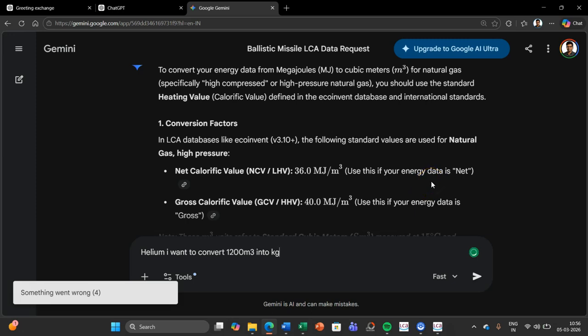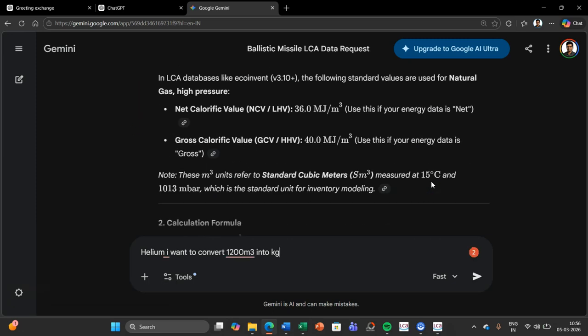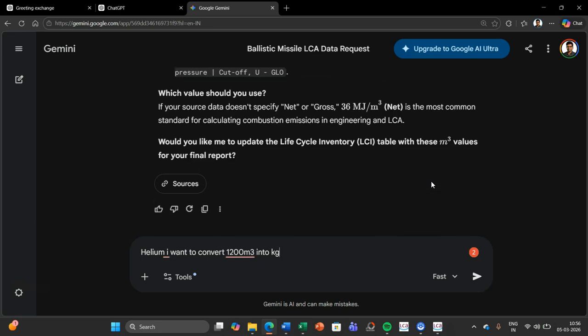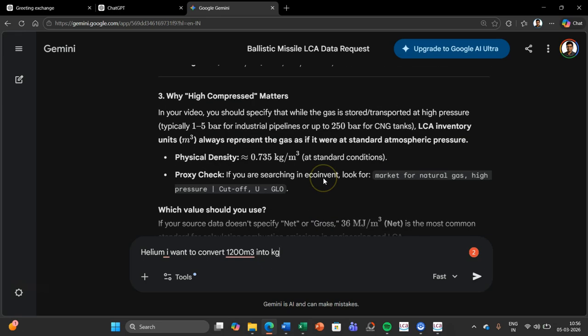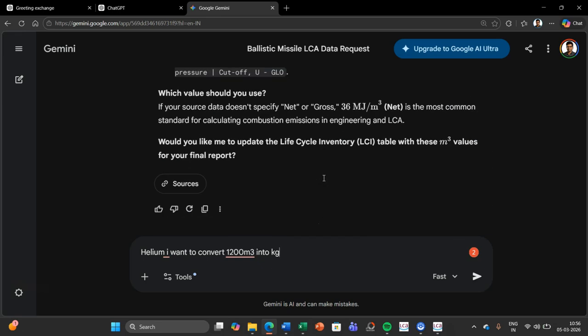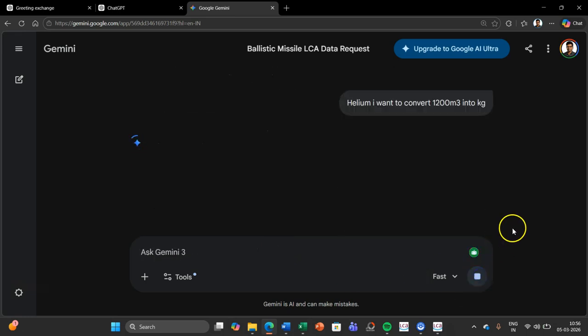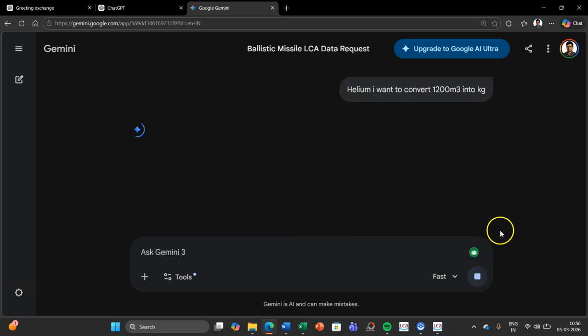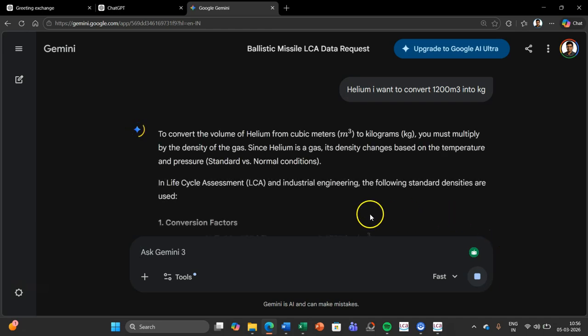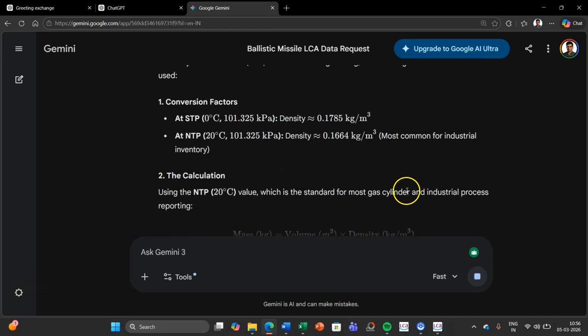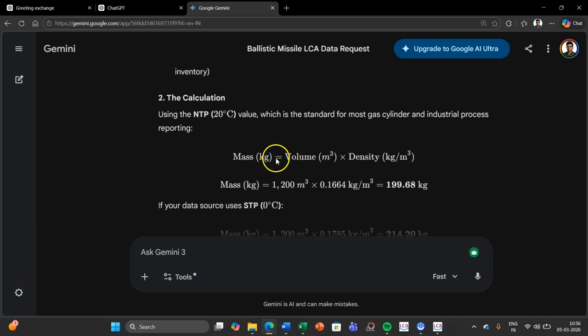Okay, actually this is an older one. Oh, it is not submitted, sorry. Okay, right, conversion factors, NTP, most common for industrial inventory, NTP.